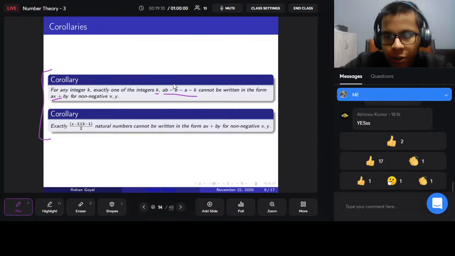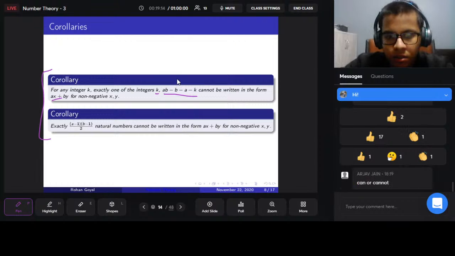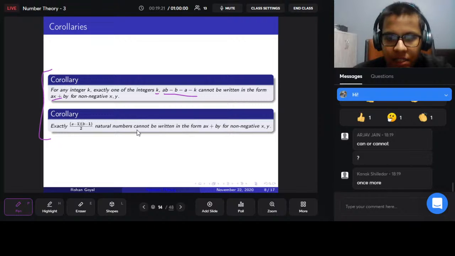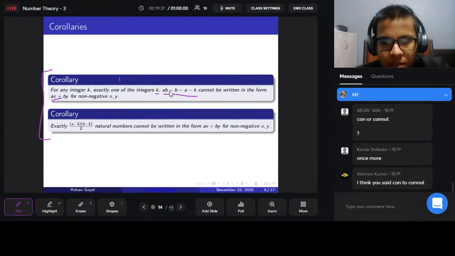Do you understand the statements of these results? In the first corollary, I'm just saying cannot.